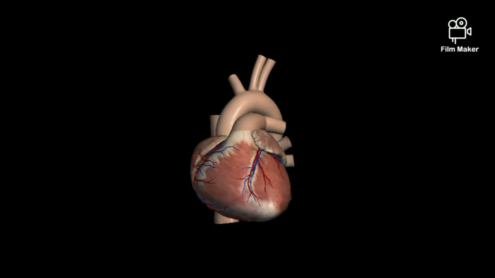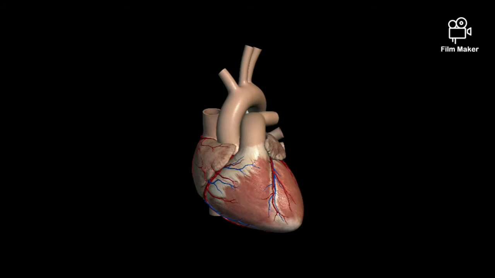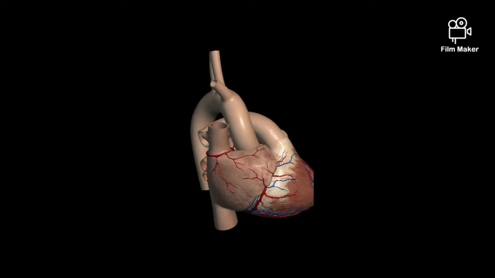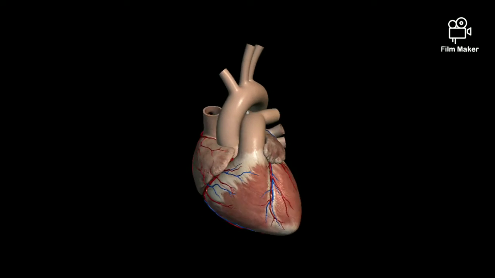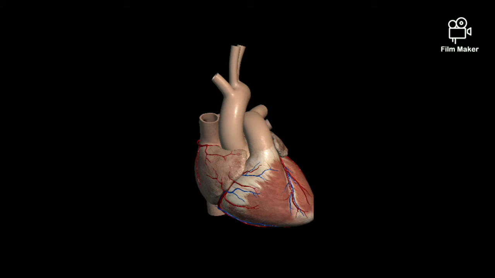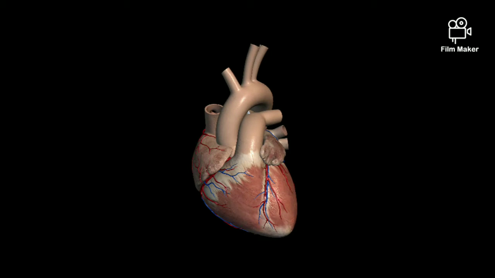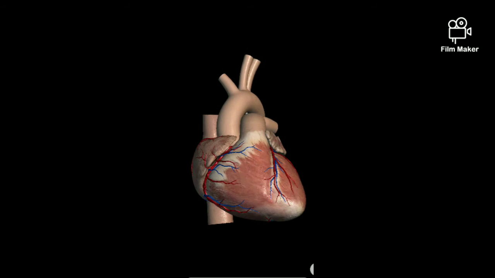Okay, first we discuss the important topic, the surface and border of the heart. The orientation and surface: the heart has been described by many texts as a pyramid which has fallen over. The apex of the pyramid points in the anterior and inferior direction, and you can see this is the anterior position.